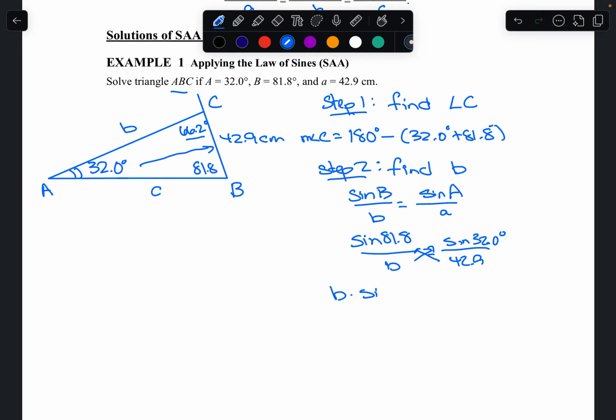So we're going to take B times the sine of 32, cross multiplying, equals 42.9 times the sine of 81.8. We can then go ahead and divide by the sine of 32 on both sides. And we're ready to find our answer.